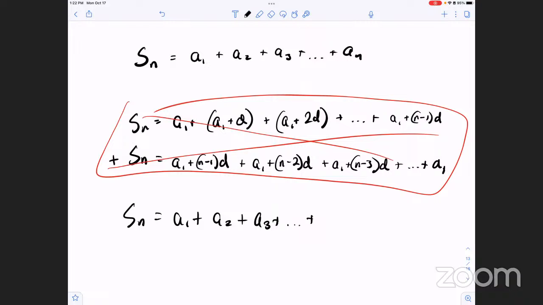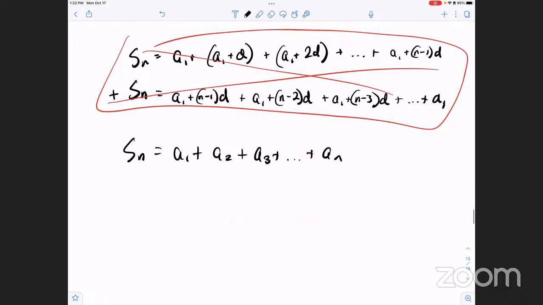Till you get to the nth term, right? And then we want to consider the same one, but I think in reverse order. So we have AN, the nth term. And so this is going to be A1 over here.